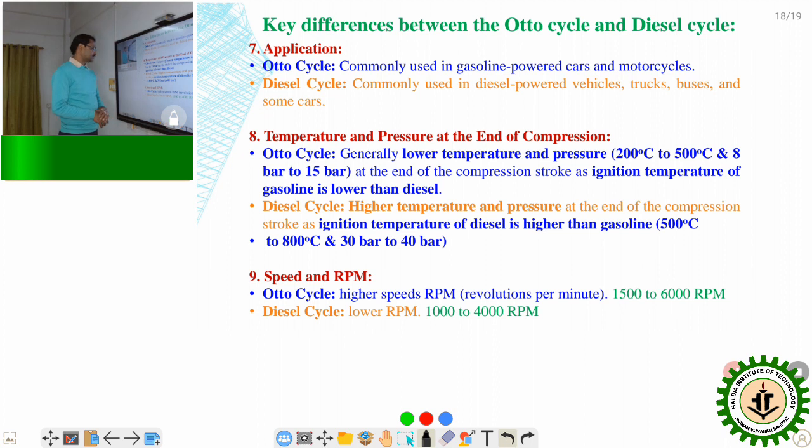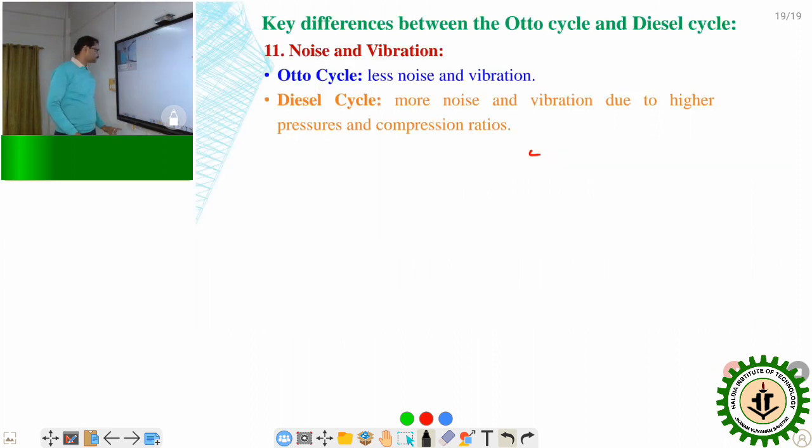But in case of diesel, 1000 to 4000 rpm. So rpm in diesel engine is lower than the petrol engine or gas engine. And noise and vibration: in Otto cycle, noise will be less than the diesel cycle.